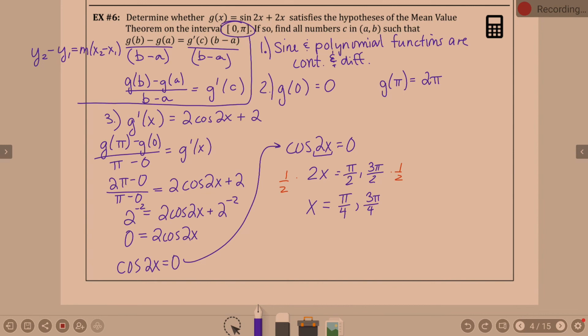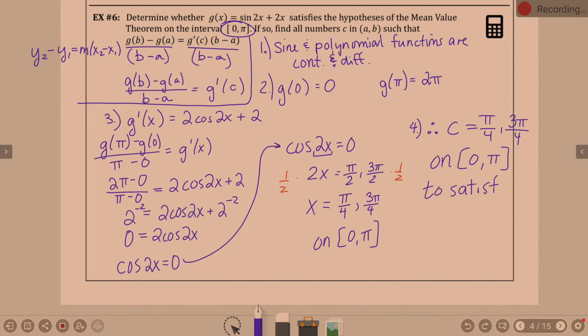So question yourself: are we on the interval 0 to pi, which is what we were given? We were. So I'll finish this off and say, therefore, c equals pi over 4 or 3 pi over 4 on the interval 0 to pi to satisfy MVT, mean value theorem.